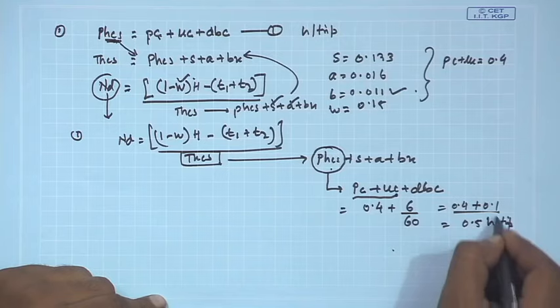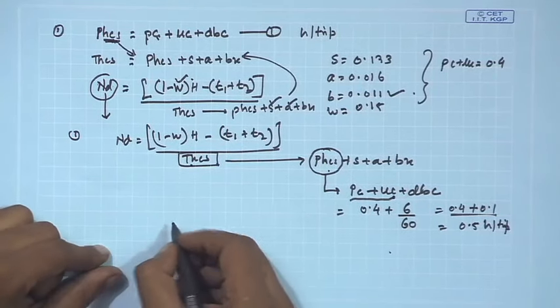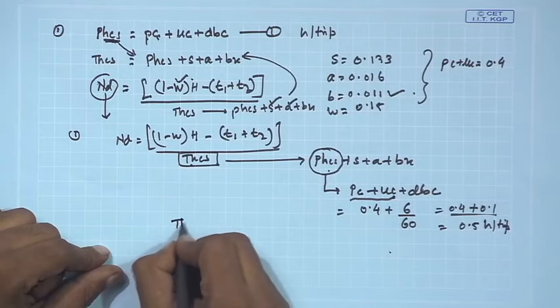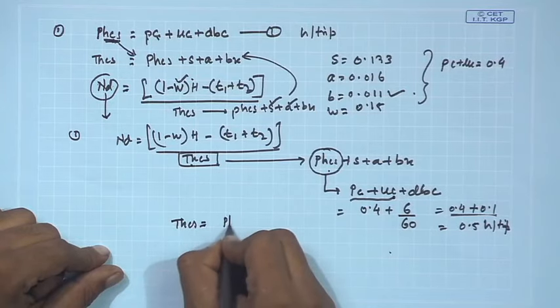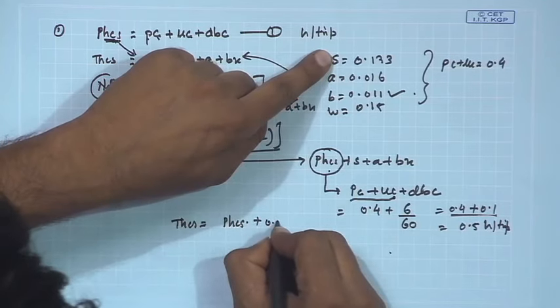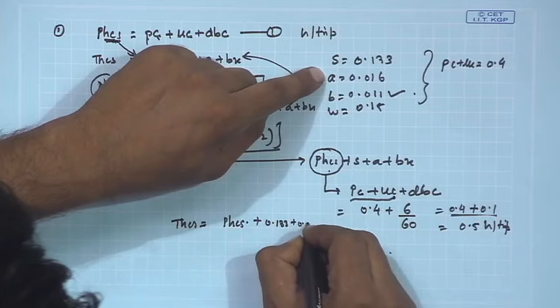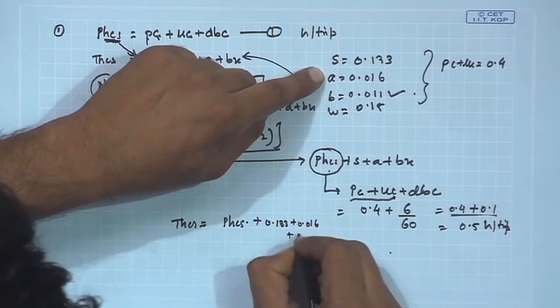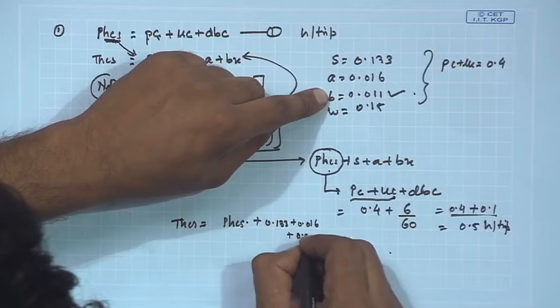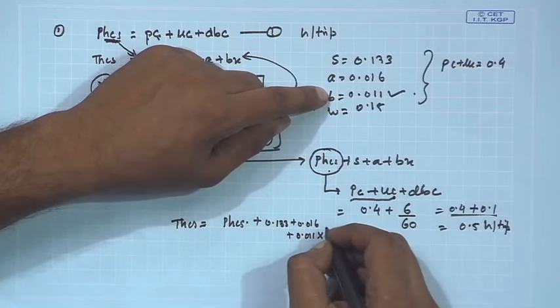Now we can use this value here to find the value of THCS. So let's find what is THCS. THCS equals PHCS plus S, value is given, 0.133, plus A, value is given, 0.016, plus B, value is given, 0.011, into one way haul distance, which is given as 25 kilometer.